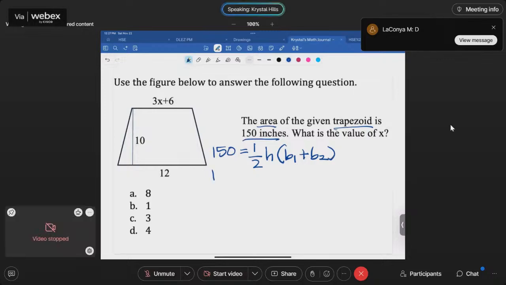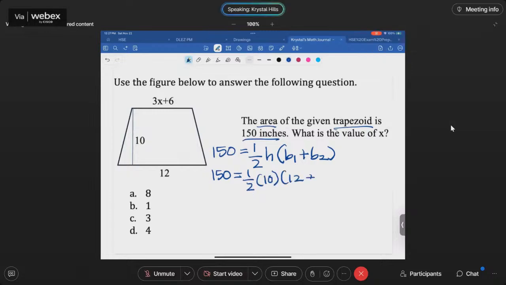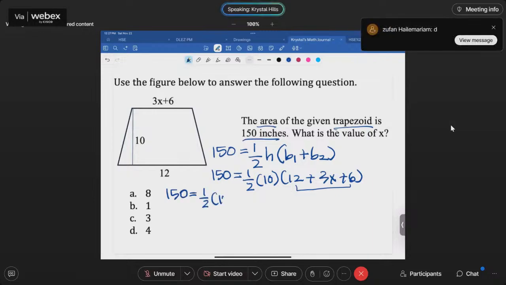I'm going to rewrite my formula. 1/2, my height is 10, my base 1 is 12, my base 2 is 3x plus 6. Inside my parentheses, I can combine the 12 and the 6, which gives me 18. So I'm going to rewrite it: 1/2 times 10 times 18 plus 3x.